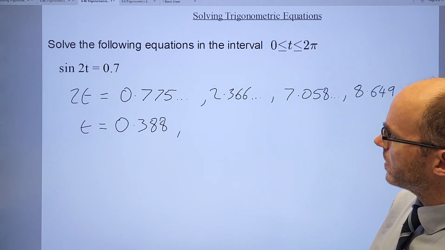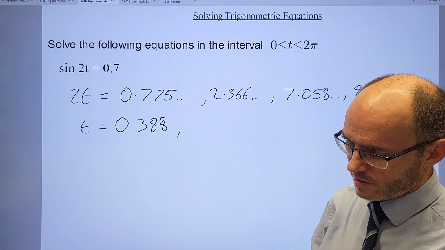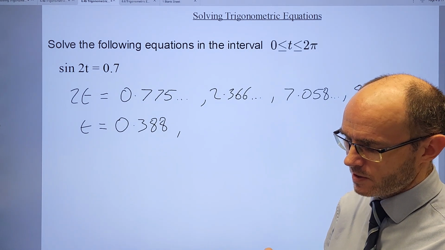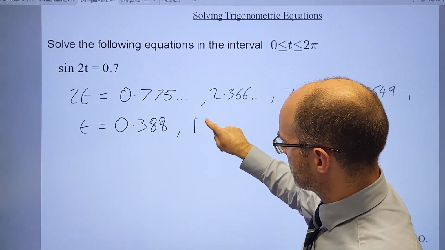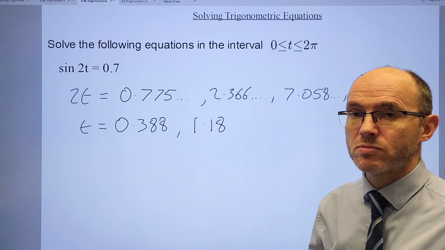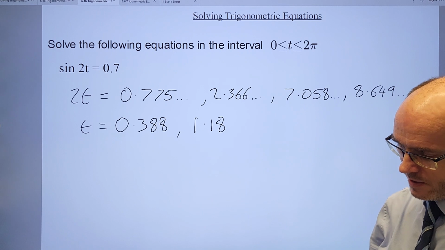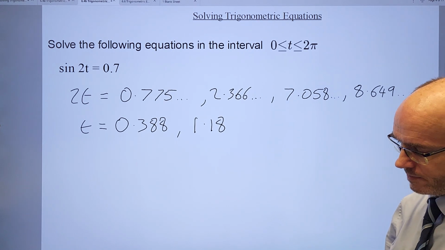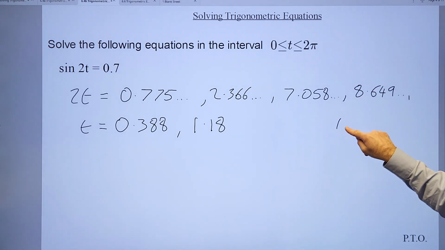Of course, I press the wrong button. So hang on, pi subtract the arc sine of 0.7. Oh, got it. So that one divided by 2, 1.183, 1.18 if I do them all to 3 significant figures, and then this one, plus 2 pi. For reasons I'm not going to explain, I'm going to do this one first.